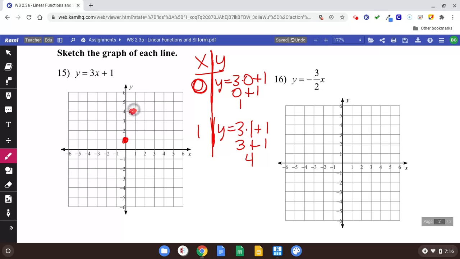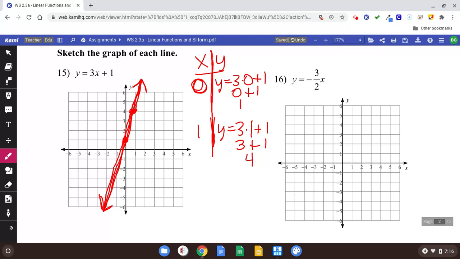Looks like that. Now, you could do more points, but you don't really need to because we already know what the line looks like. So we should just use a straight edge or something. Draw it as good as possible. It's kind of hard to do it on the screen. So make it look as nice as possible. That's your line, y equals 3x plus 1.